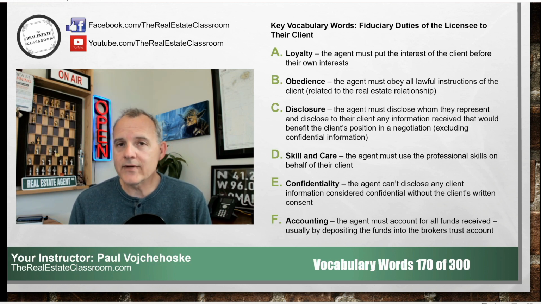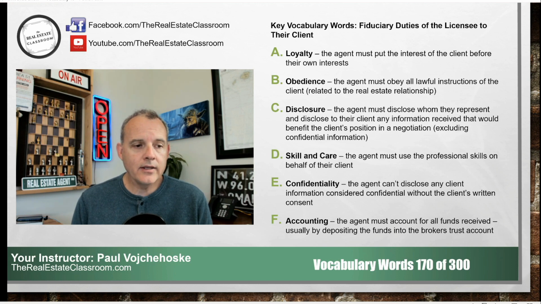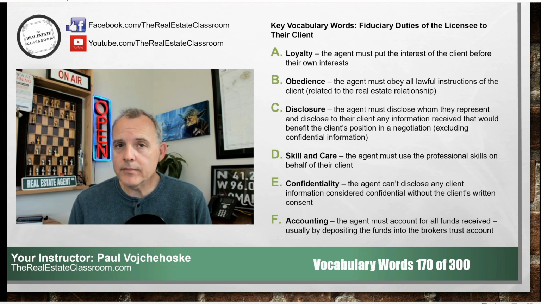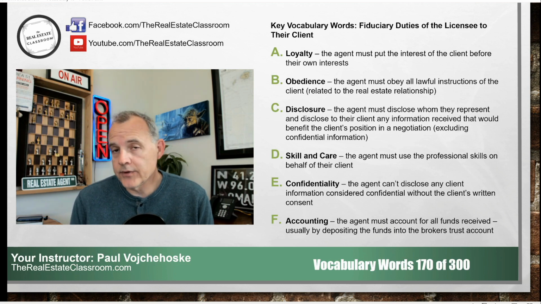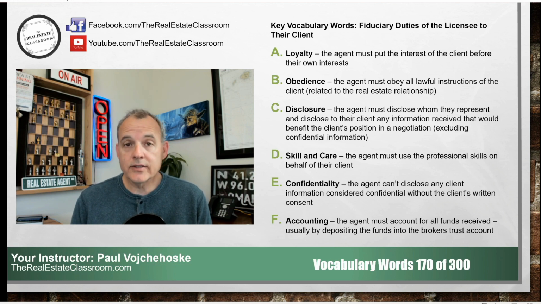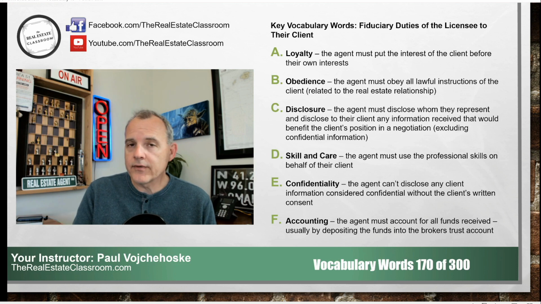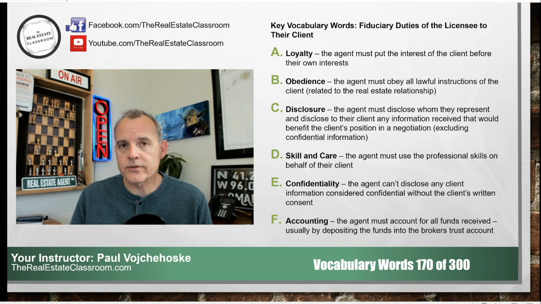That is a form of accounting for that asset, but it doesn't have to be money. For example, maybe a buyer wants to put a promissory note or a diamond ring as the earnest deposit. That is legal, and it can happen. So we have to account for that diamond ring or that promissory note. That's what I'm talking about when we're discussing accounting.